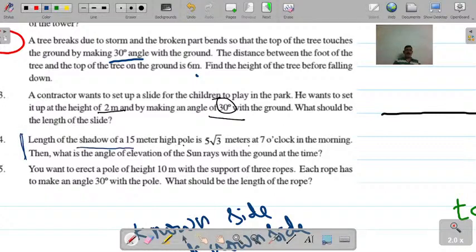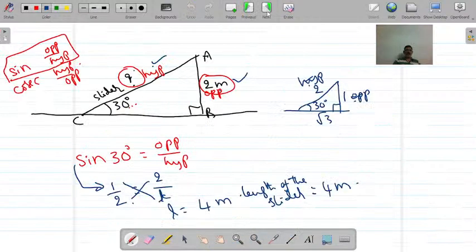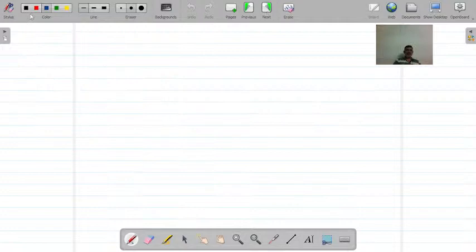See, shadow of a 15-meter high pole is 5 root 3 meters. What is the angle of elevation of the sun's rays with the ground at that time? So height of the pole is 15 meters and length of shadow is 5 root 3. What is the angle of elevation of the sun? We see such types of questions more and more frequently.